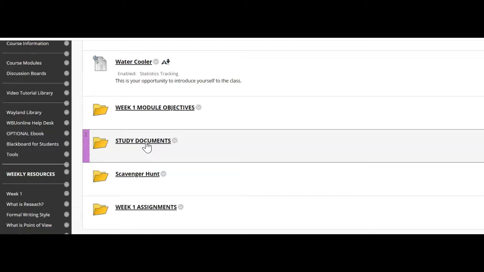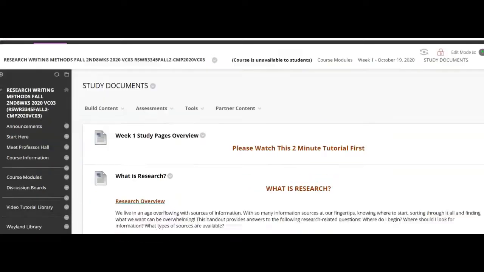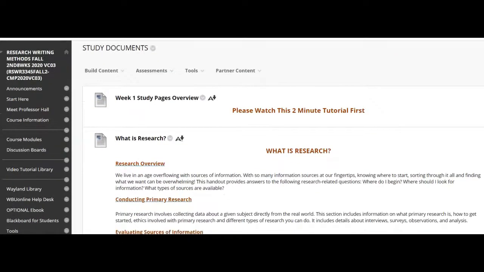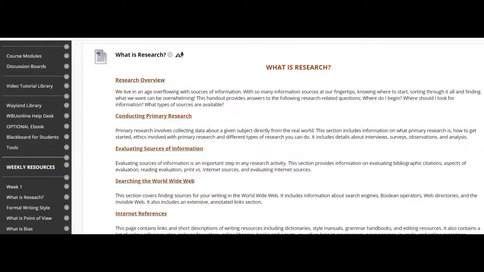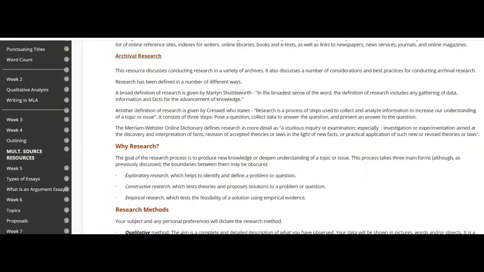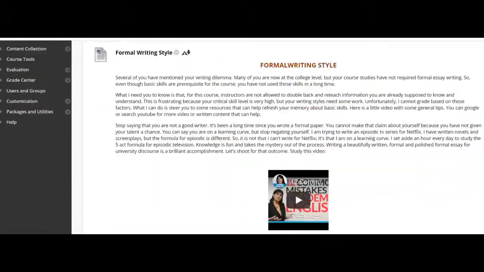Sometimes you just have to go with me on this and understand that everything is logically placed in order for you to build one learning skill on top of another. So please, when you get into the study documents, go through everything. I've only included the important information that you need to know, and read everything. I carefully edited out anything that's fluff.